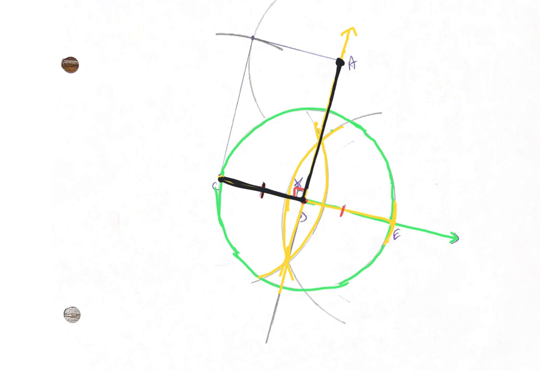Okay, so what I need to do now is create a segment CD on the other side. So from A, I'm going to use the radius of CD. I'm measuring with my compass right now from here to here. And then I'm going to move my compass up to A and make a circle around A that has the compass length of CD.